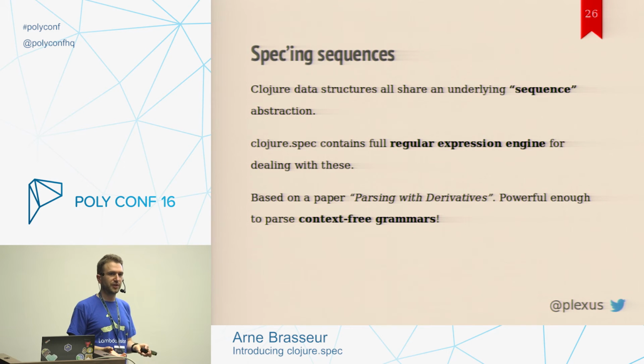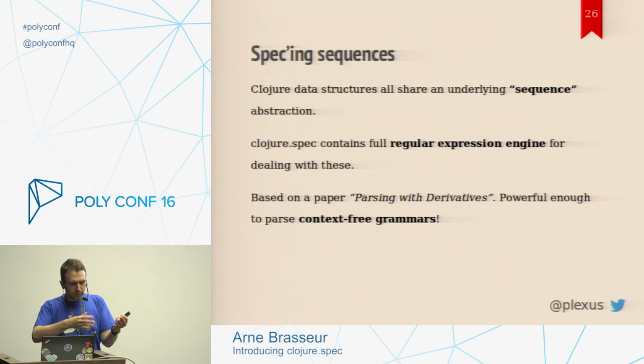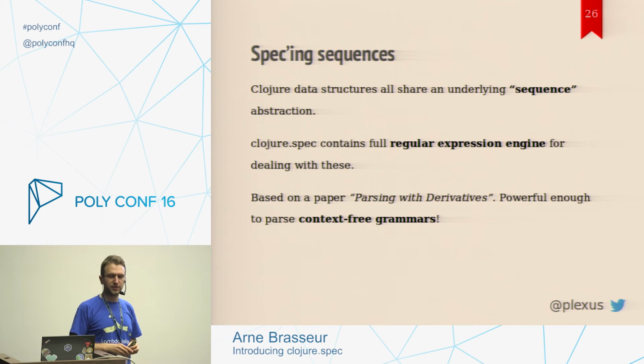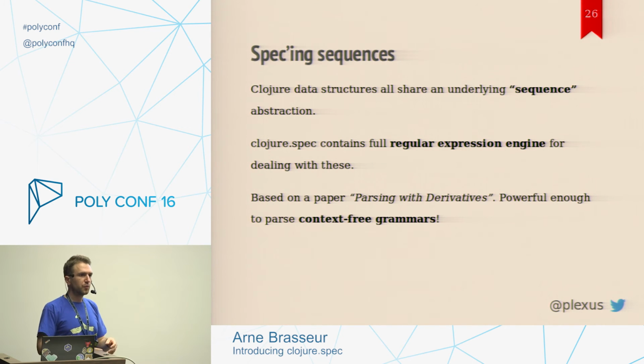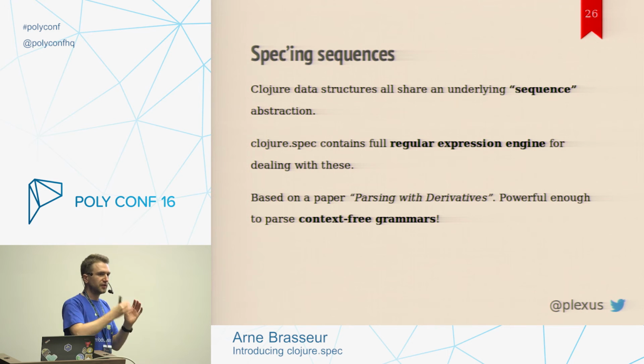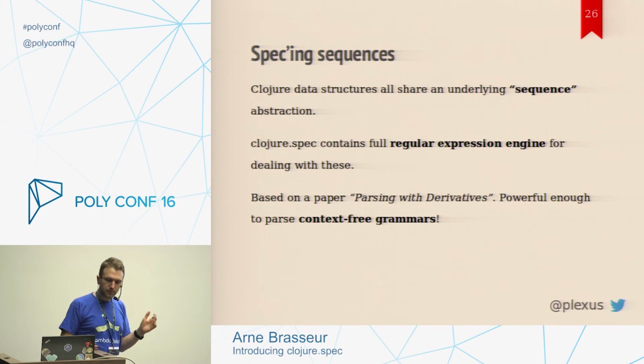And so a regular expression basically turns into a state machine that takes one character at a time, looks at the next character, and goes along in the state machine in the regular expression. So here we have the exact same thing, but we're not dealing with characters, we're dealing with any value that you can put in a sequence.